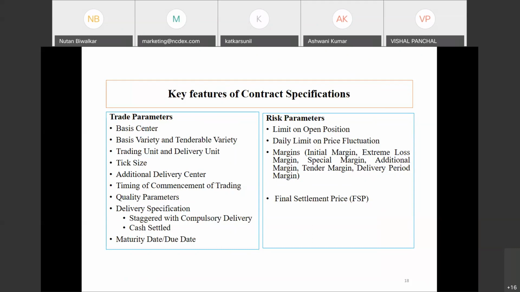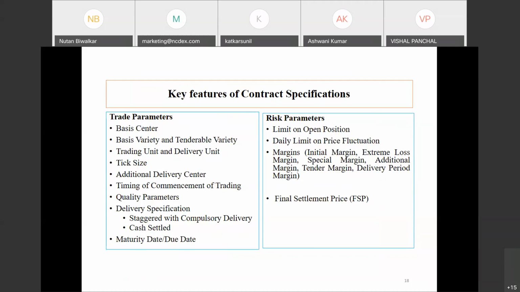So as I said, the maturity date also has a very important role. Regarding the delivery center, you have to see which delivery center is the actual trading hub, and select the actual trading hub. If there is a remote delivery center, you should not take that. And you have to review the delivery center, whether it is active or not.